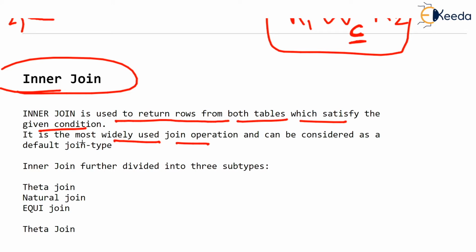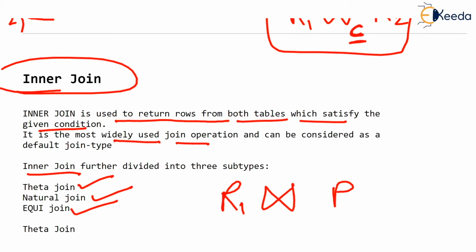By the way, I was talking about there being three types of join: theta join, natural join, and equi-join. Now, the point is that whatever join we were learning in the earlier videos is theta join. It is inner join and it is theta join. Basically, theta join means that whenever you join R1 and R2, you write a condition, correct?